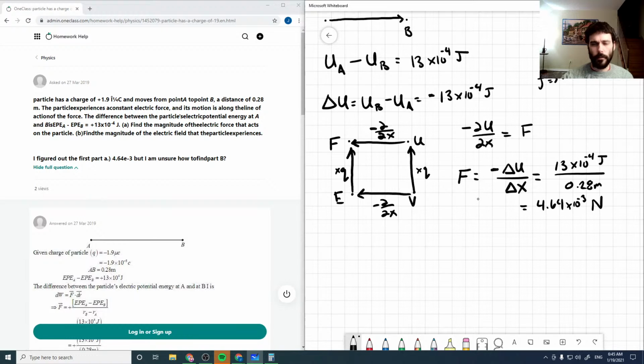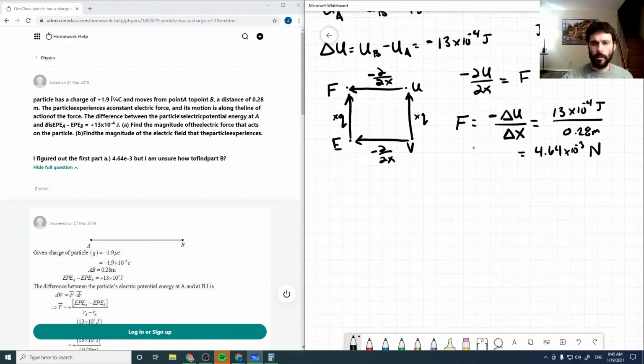And so then for B, looking at our little square here, F is just QE.